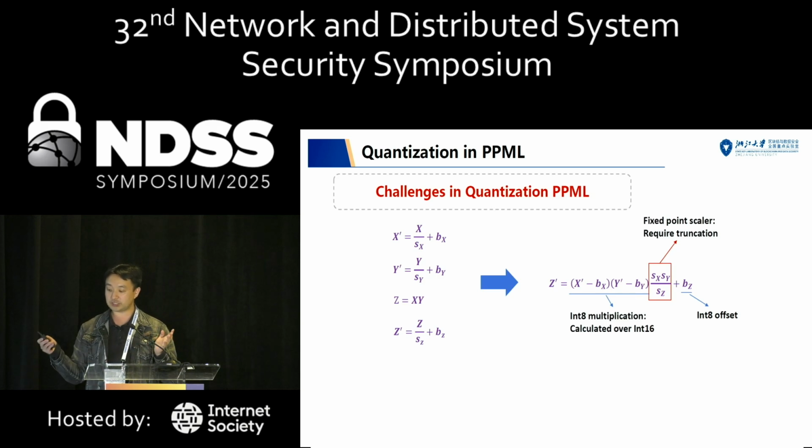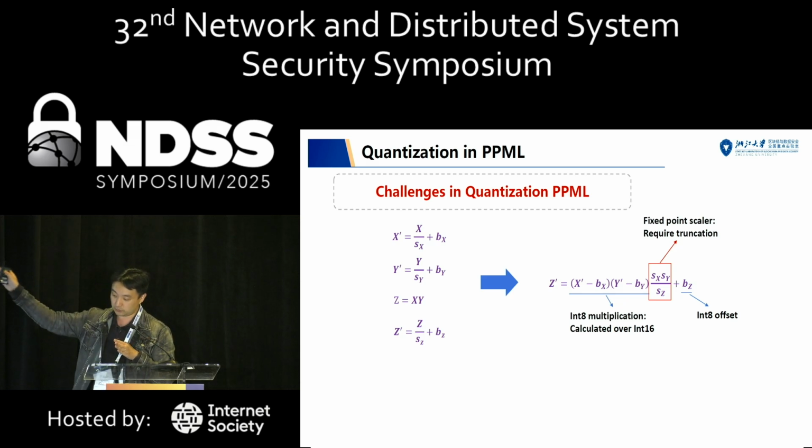Now what's the challenge of quantized models in PPML? The challenge is that our current architecture does not support quantization and dequantization efficiently in MPC. Why? If you look at the right-hand side, this is what you're doing in the quantized version, just for multiplication as an example.